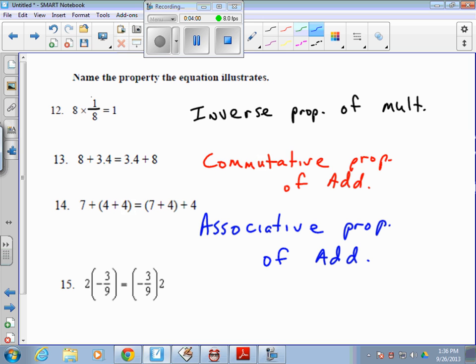And then 2 times negative 3 over 9 is equal to negative 3 over 9 times 2. Nothing changes except the position, or they commute. That's the commutative property, this time, of multiplication.